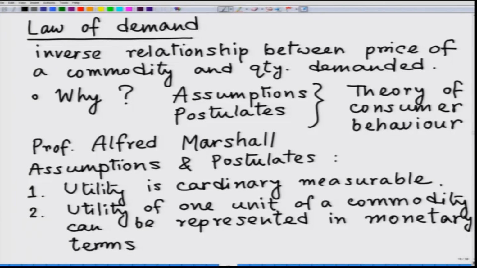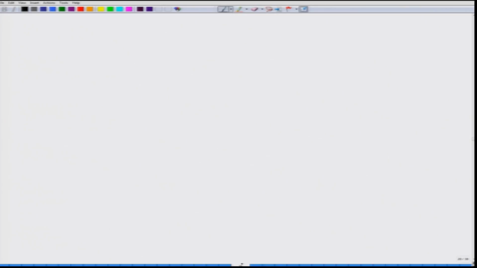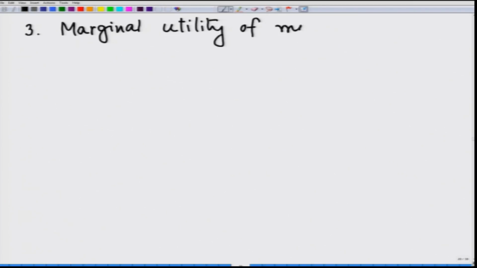This is a very strong assumption. Later in the course we will relax this assumption. Number 3 assumption will be the marginal utility of money is constant.